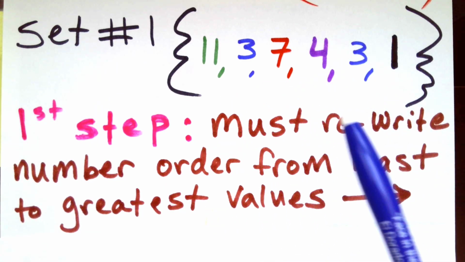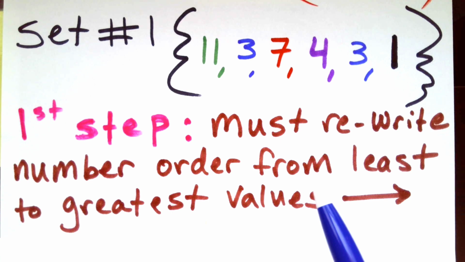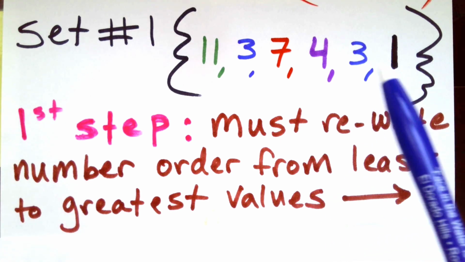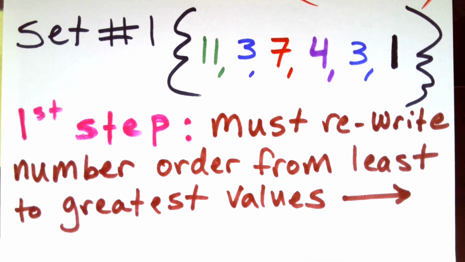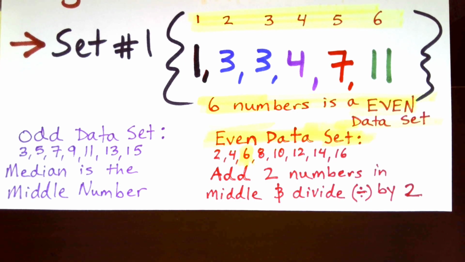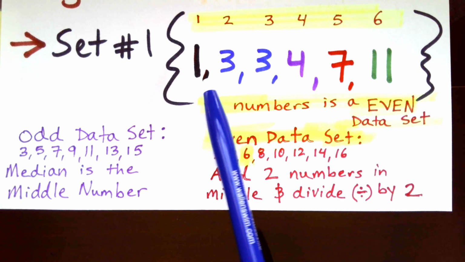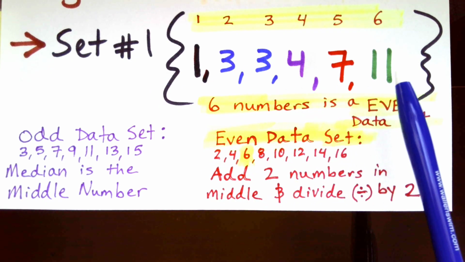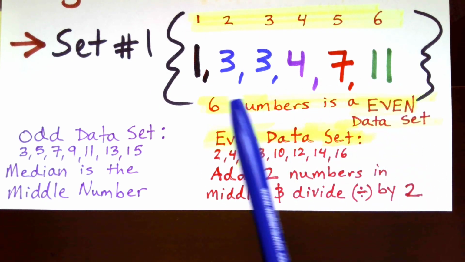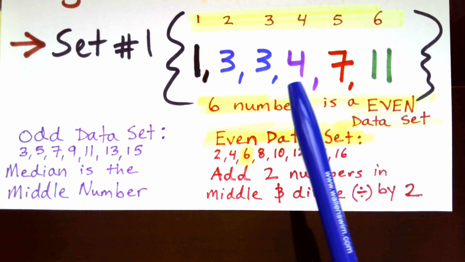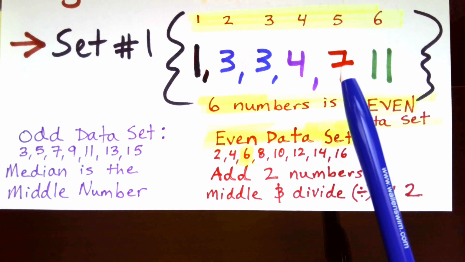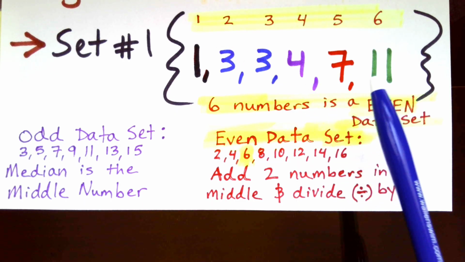So in order to find the middle number, or the median, you must rewrite these numbers from smallest to largest in value. Okay, so you can see here for set number 1, we've rewritten the numbers in order from least to greatest: 1, and then next comes 3, 3, and then a 4. After 4, 7, and after 7, 11.